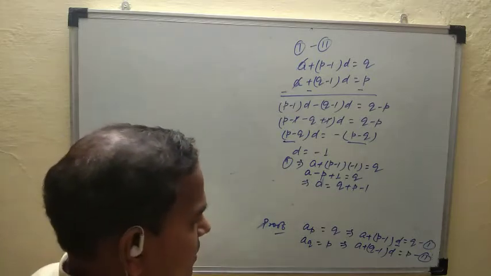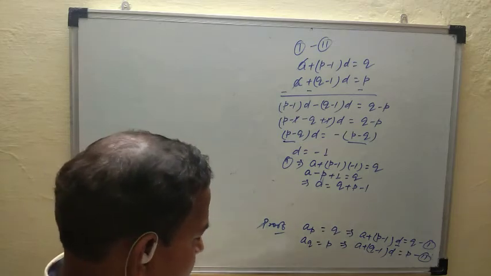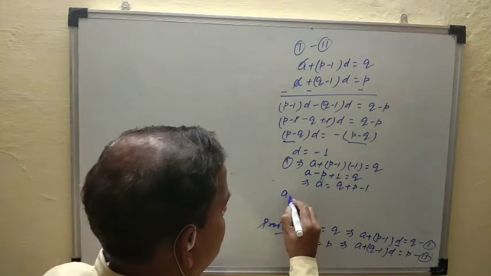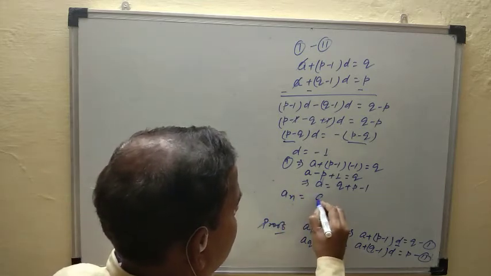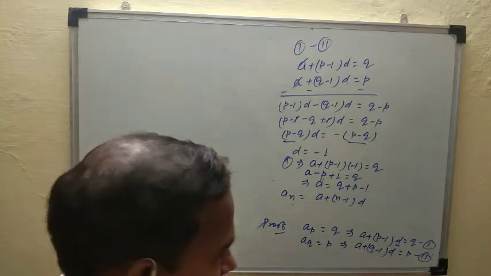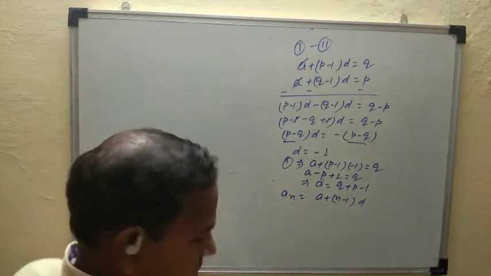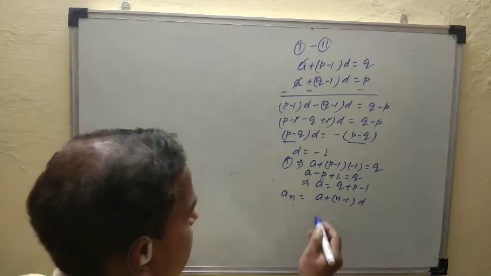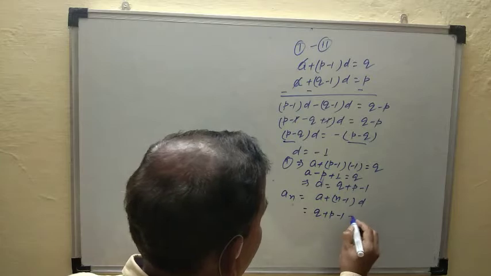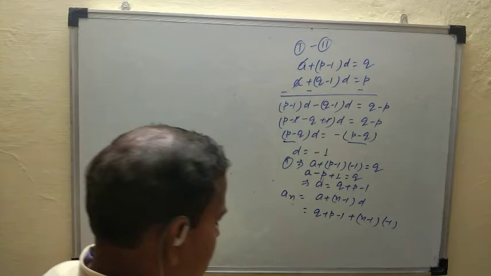Now find the nth term. The nth term is A plus n minus 1 into D. So put the values of A and D. The value of A is Q plus P minus 1, plus n minus 1 into D, where D is equal to minus 1.